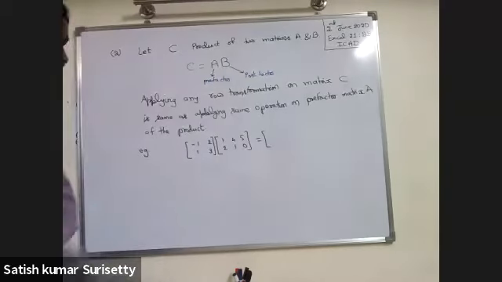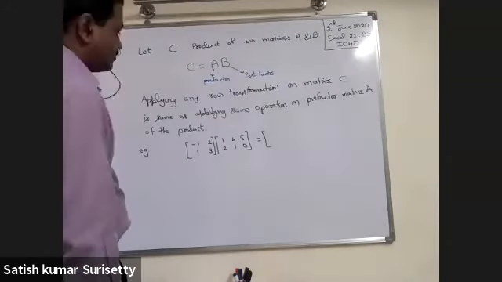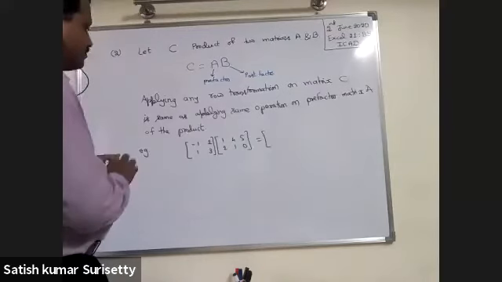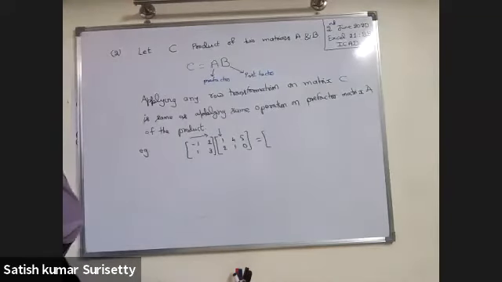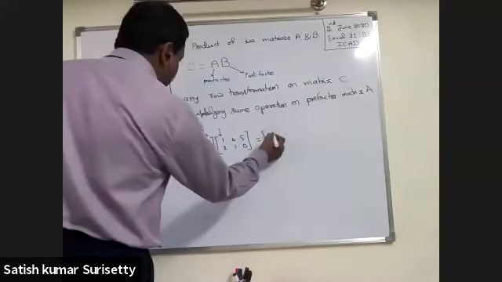Is this product defined? What's the order of the first matrix? 2 by 2. Second, 2 by 3. Is the product defined? Yes. Tell me the product matrix. Row wise, tell me the elements.